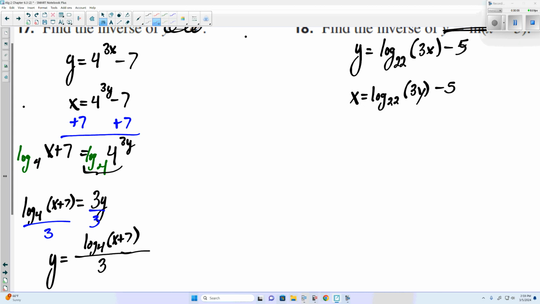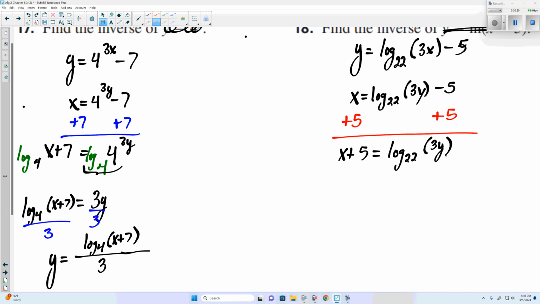With how we did the last one, what would be a guess on our first step? We'd add 5. We want to get the log by itself. Which tells us that x plus 5 is equal to log base 22 of 3y.